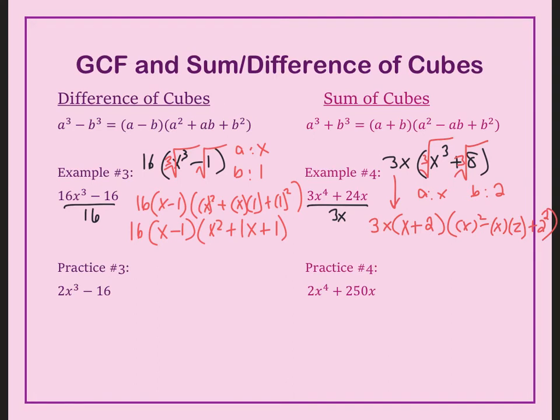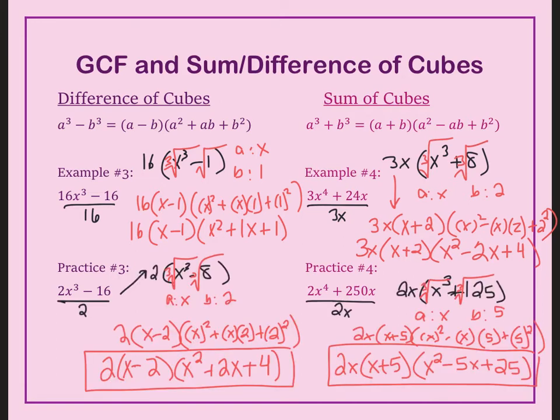Okay, so let's get rid of the double parentheses. 3x, x plus 2, x squared minus 2x plus 4. So go ahead and try practice number 3 and practice number 4 on your own.